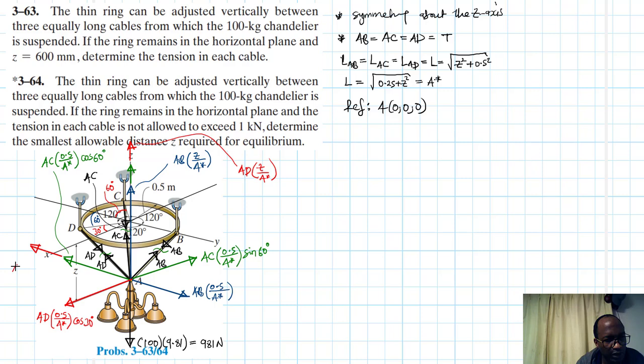Let me write it down here as AD 0.5 divided by A star. Then we map it on the y-axis like this.